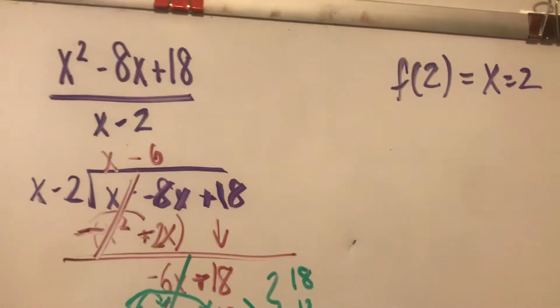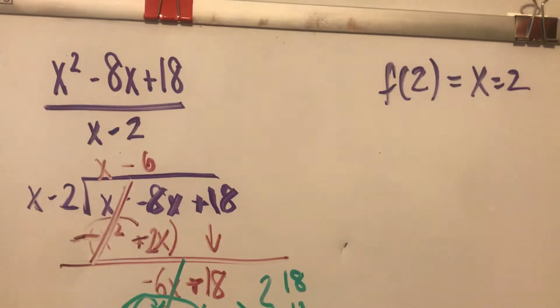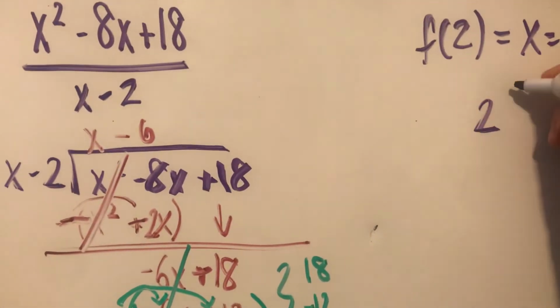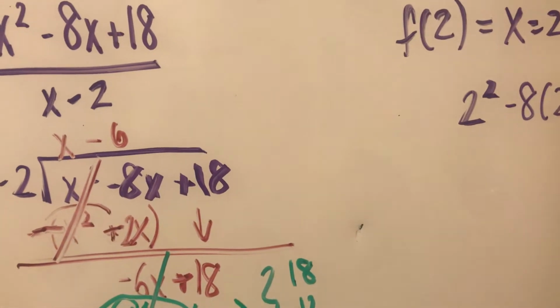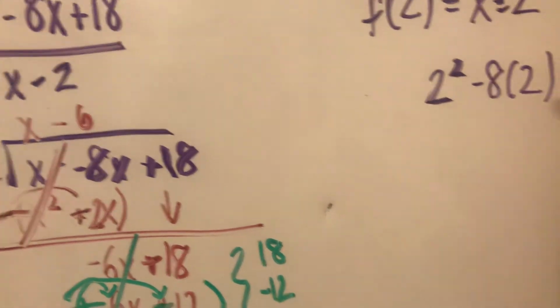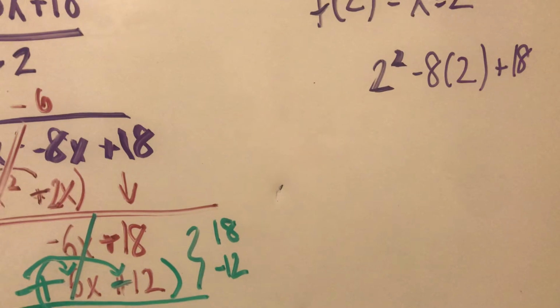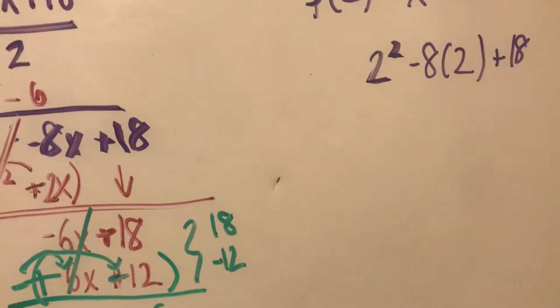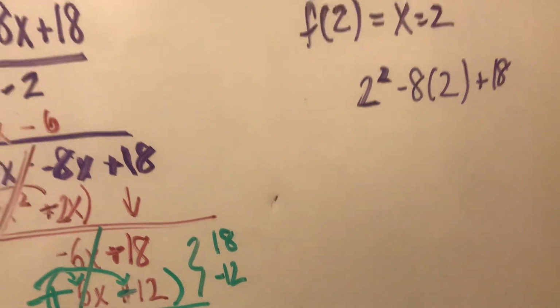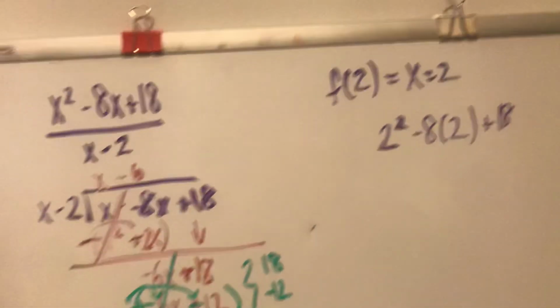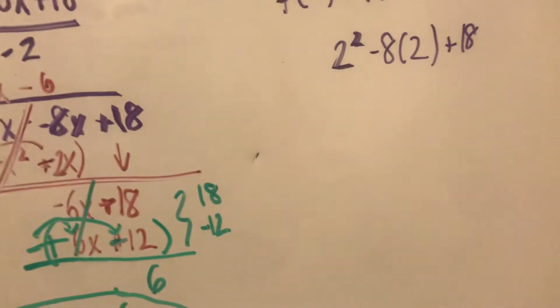So instead of writing x squared minus 8x plus 18, I'm now going to write 2 squared minus 8 times 2 plus 18. So all that I did there was substitute in 2 for x. I replaced x with 2.